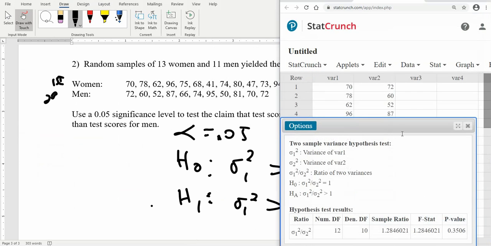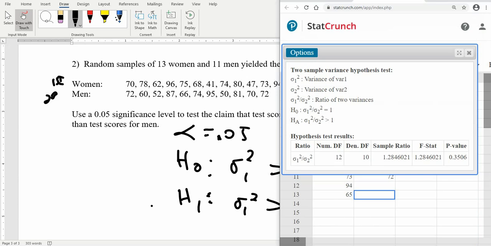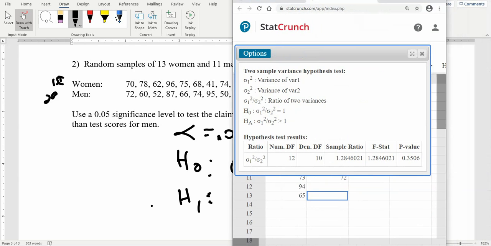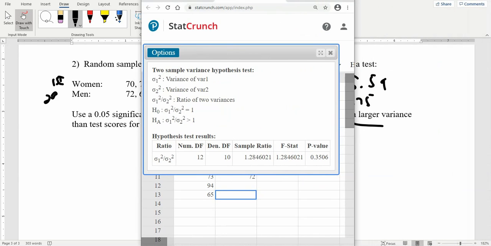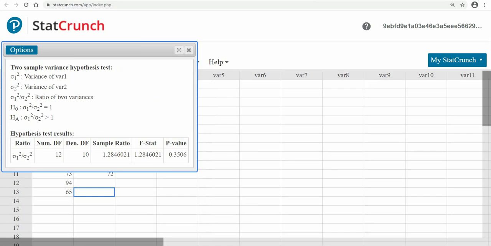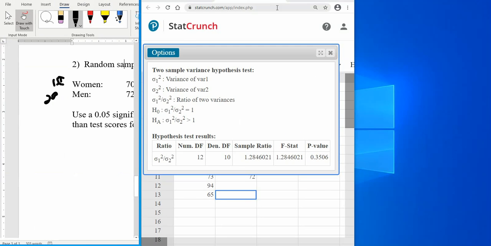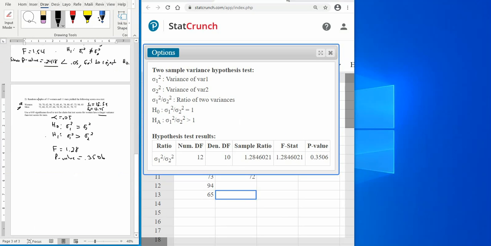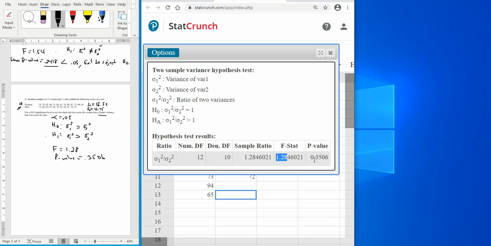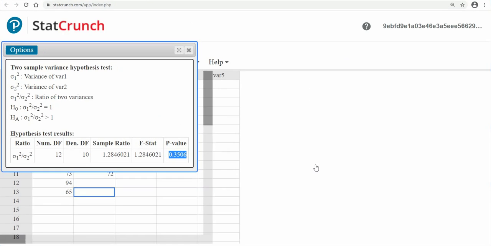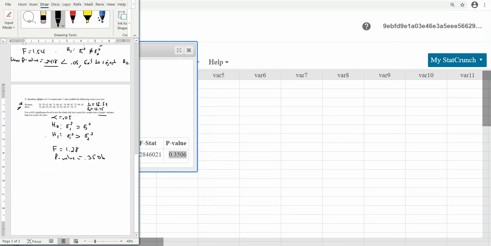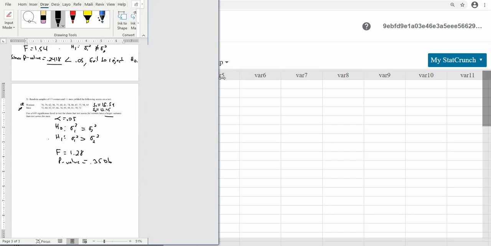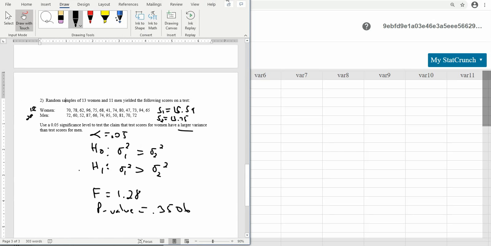Click compute, and drag that up. I'm going to attempt to move it over so we can see it side by side. Hopefully you can see the 1.28 and the p-value 0.3506. See that? It's all good.